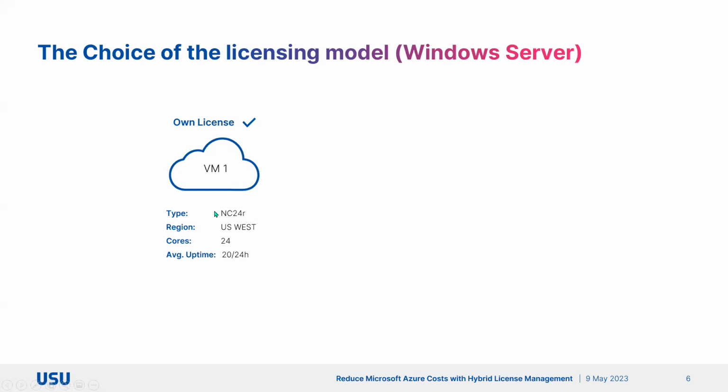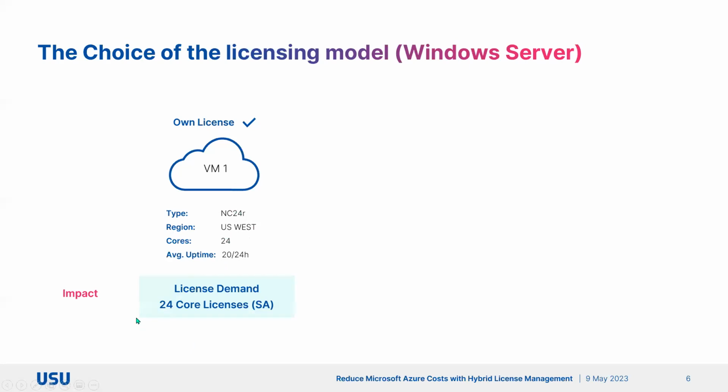It has a certain type, which means a certain sizing, and also it has a certain average uptime, so hours per day the VM is up on average. And if you have this situation, you have the choice in Azure, you might choose own license. And if you do that, it's important to see the impact.